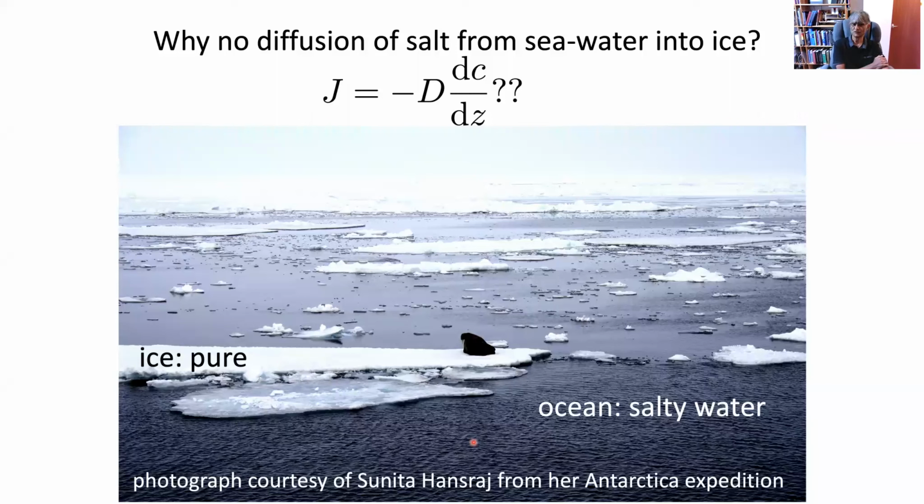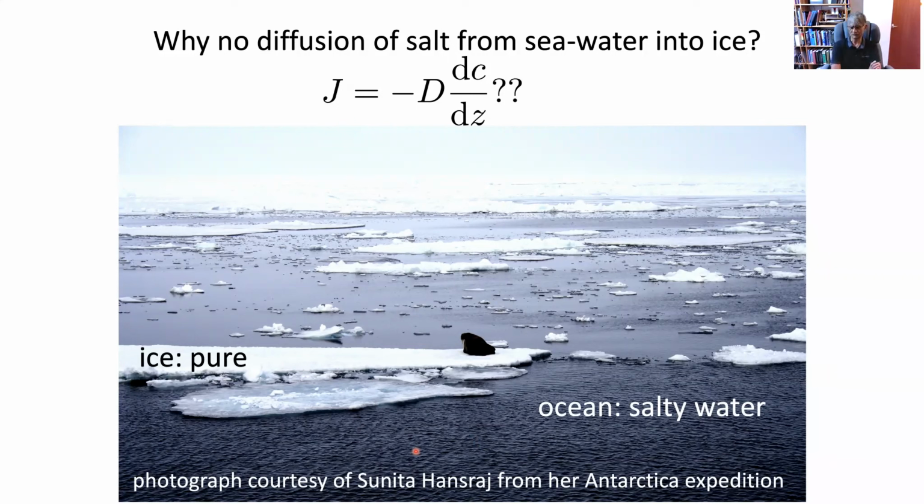And no matter how long you observe the ice and the water, there will be no tendency for the salt to diffuse into the ice, even though the concentrations are very different in both the ice and in the water. So clearly, it's not obeying Fick's law, in the sense that we have a concentration gradient, and yet no change in composition, no matter how long I observe this system.